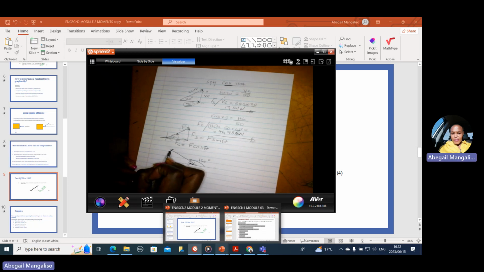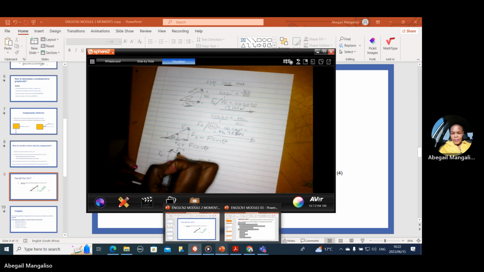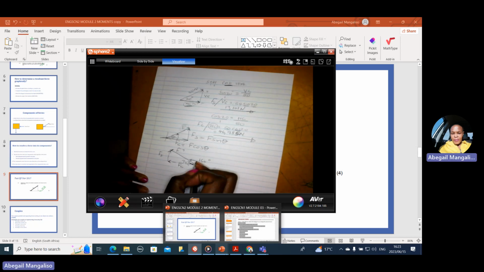So not in all cases will the angle be obvious. If you are given 160, the straight line is 180 and you subtract 160, then you get this angle as 20. This component is horizontal, so it will be Fc. This one is vertical, it will be Fs. And this will be F, the given force. Now, this is the second quadrant.